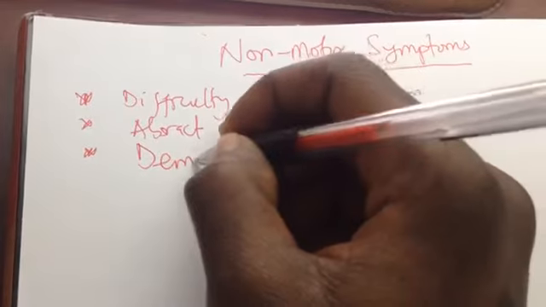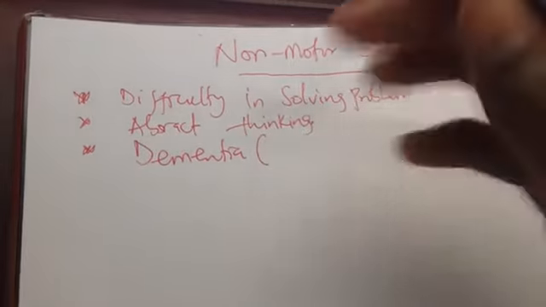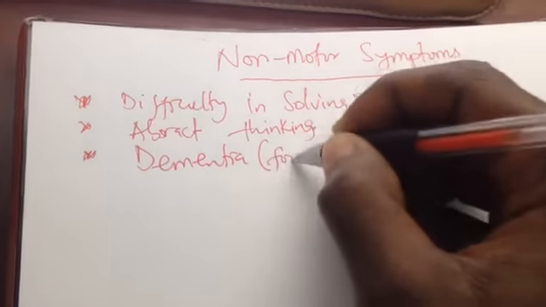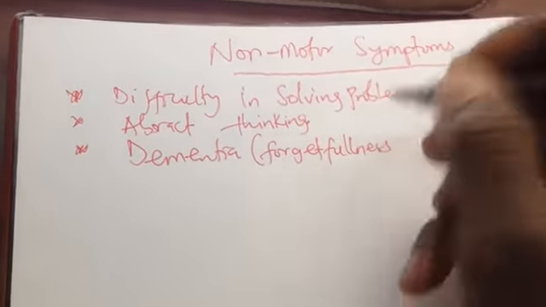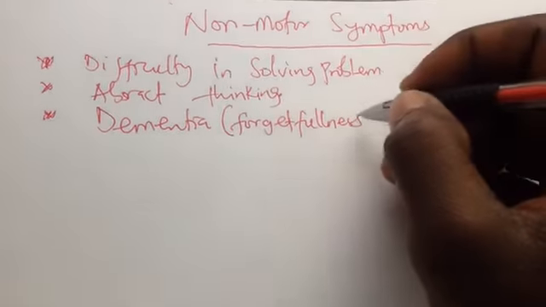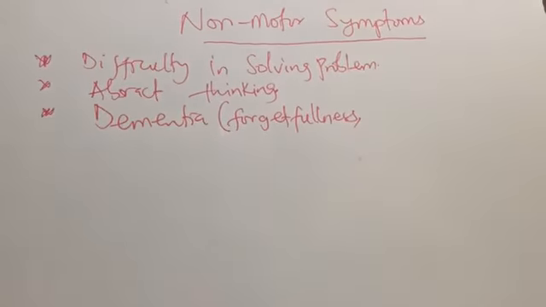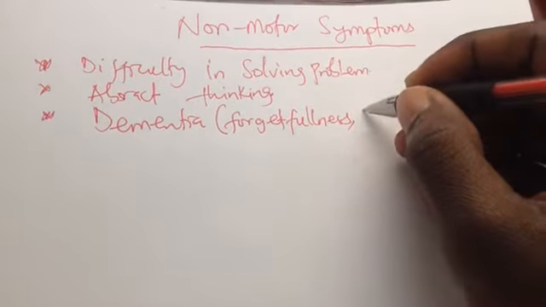Dementia is a general term that comprises forgetfulness. The patient will even forget the name of his wife or his son, or even his home location. Then we have altered mood.